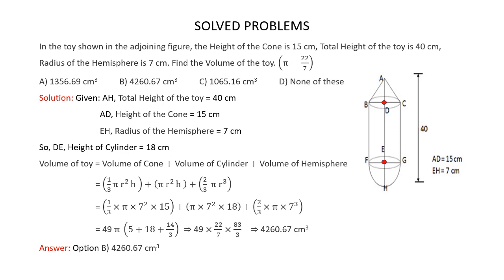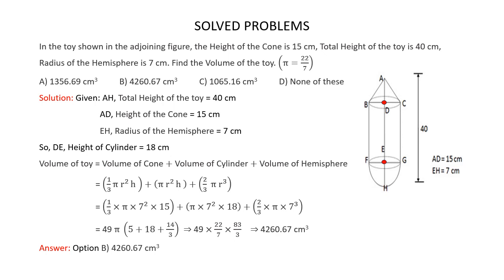Now let's find the volume of the toy. So volume of the toy is equal to volume of the cone plus volume of the cylinder plus volume of the hemisphere. We know that volume of cone is 1 by 3 multiplied by pi r squared h. Volume of cylinder is pi r squared h. Volume of hemisphere is 2 by 3 multiplied by pi r cubed.